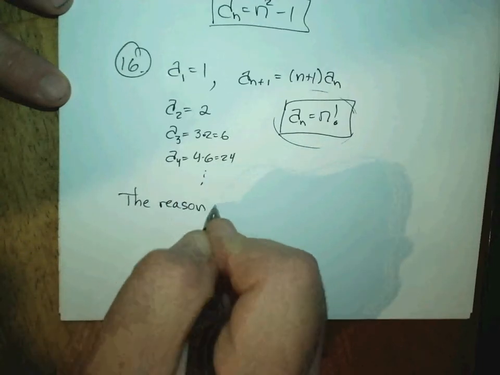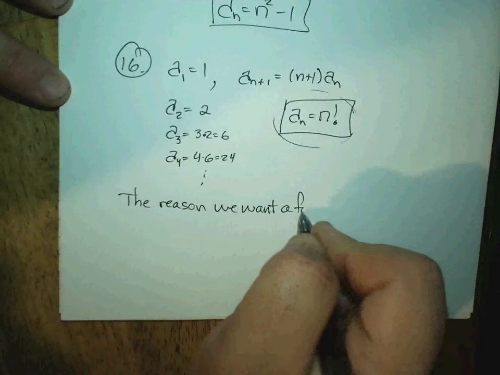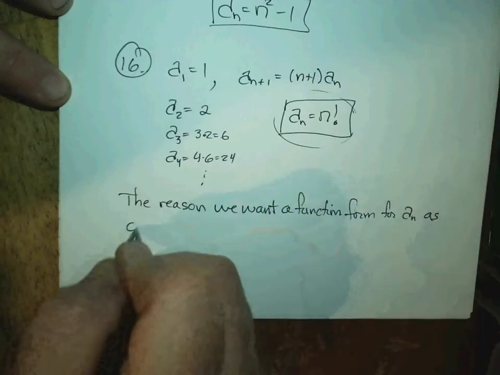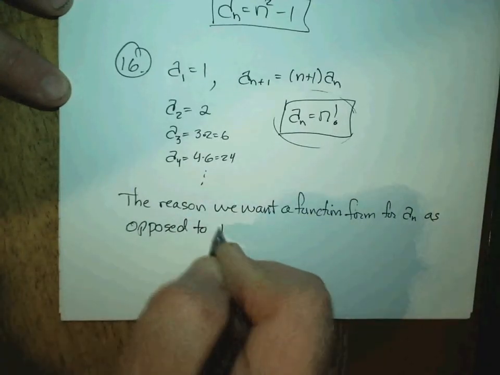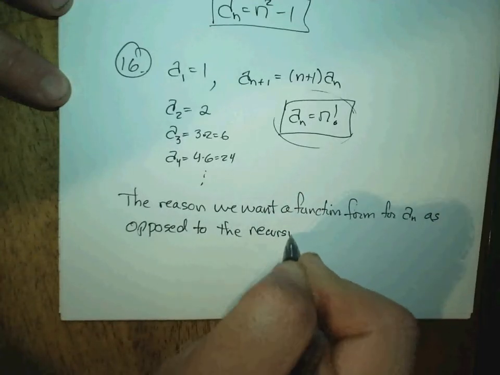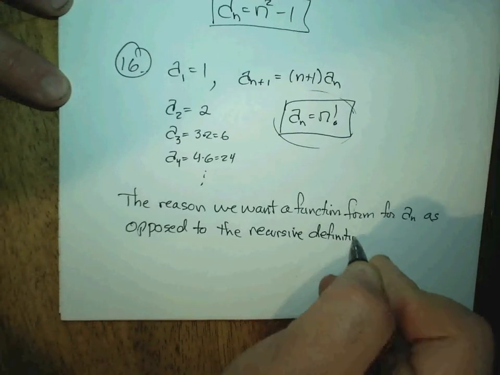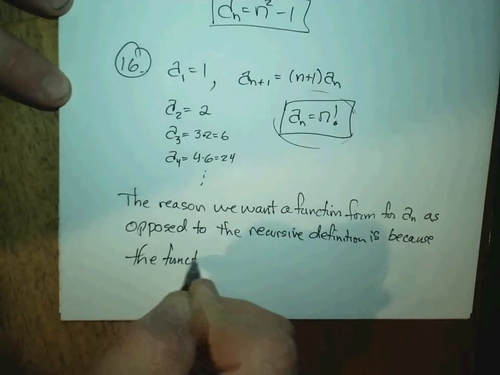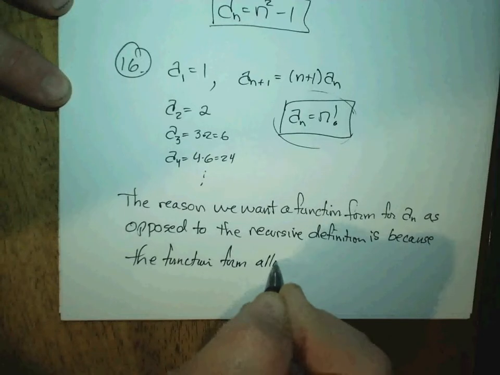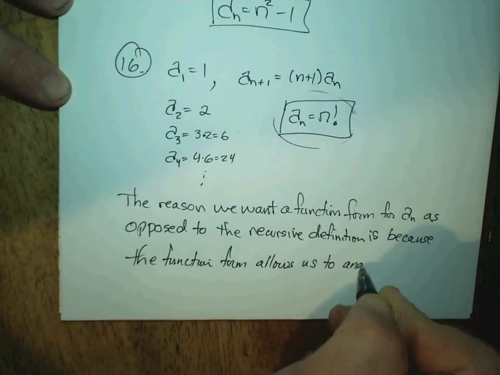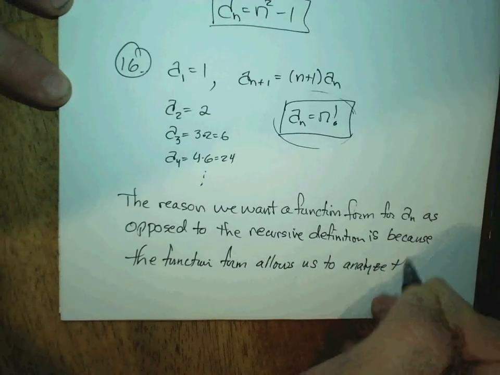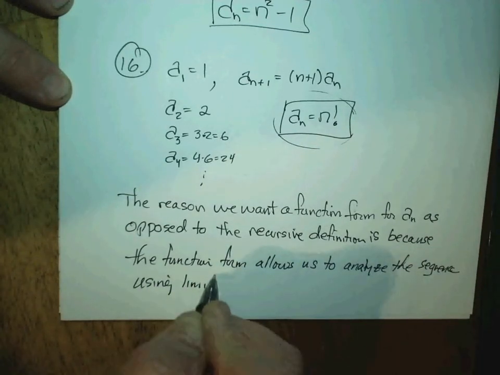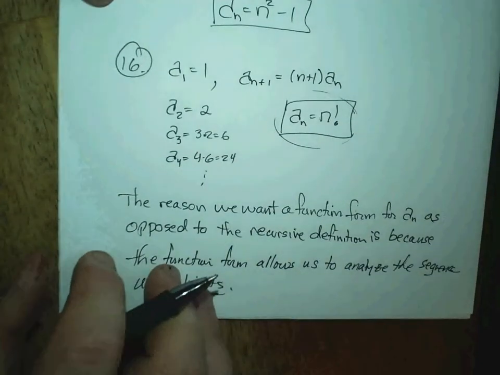And the reason we want a function form for a sub n as opposed to the recursive definition is because the function form allows us to analyze the sequence using limits. And after all, limits are what calculus is about.